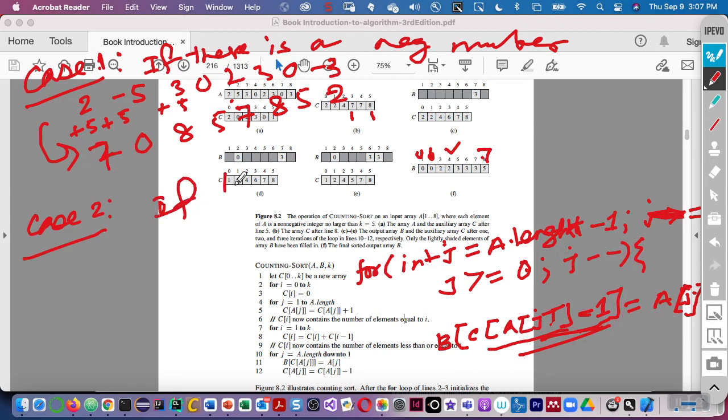Case 2, if there is an outlier. What is the spelling?